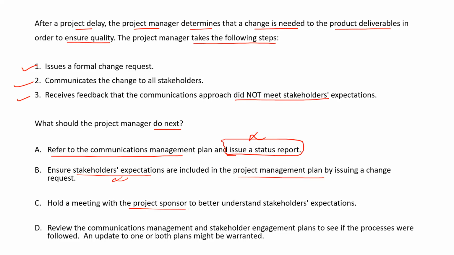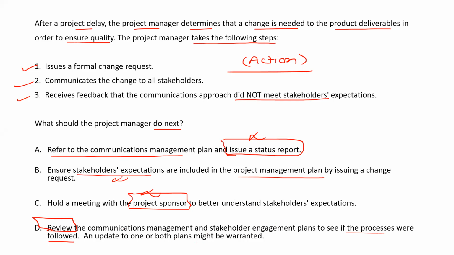Hold a meeting with the sponsor. Why? There's no discussion of the sponsor in the question. Review the communication management and stakeholder engagement plan to see if the processes were followed. This is why I always say, guys, please don't go for the direct action. Always try to focus on the answer that says review.